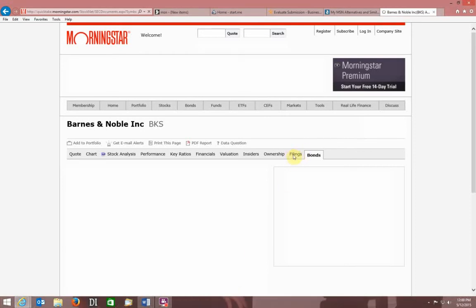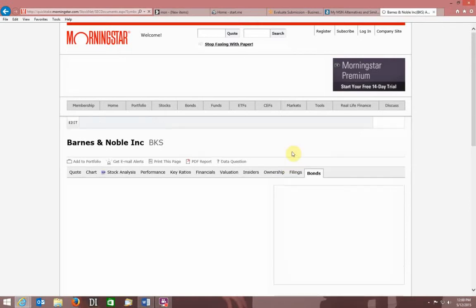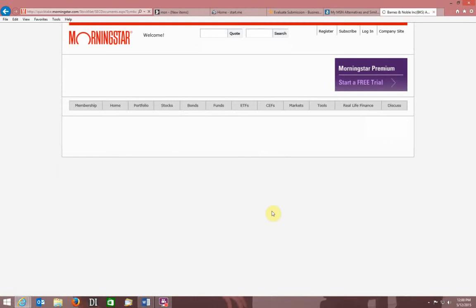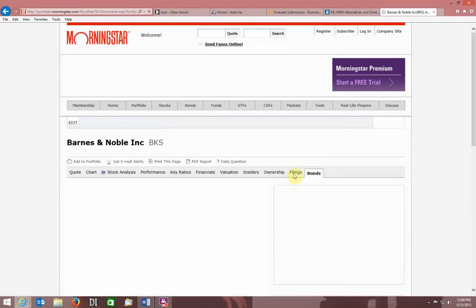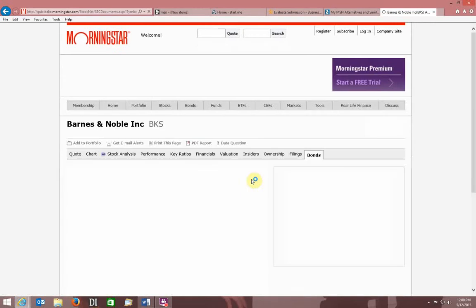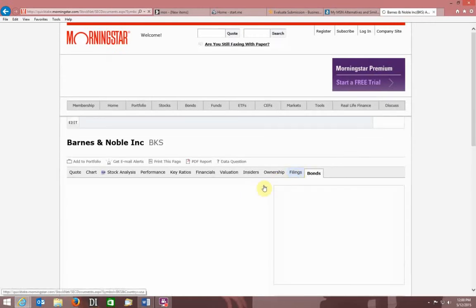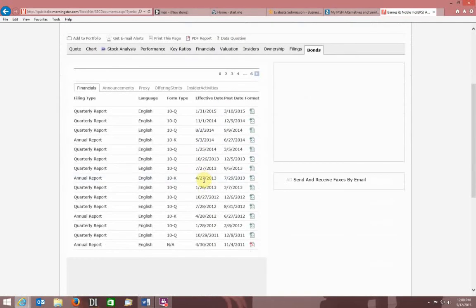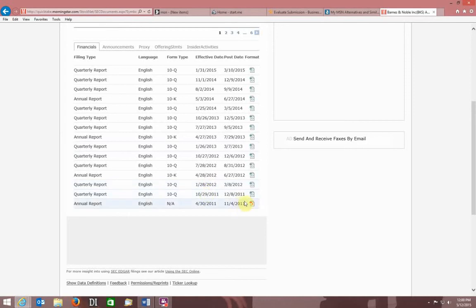This should show me where their annual reports are, right? It's generally one of the easier ways to find the annual reports, if it will actually take me there. Well, it is. Although that says bonds, these are the filings. Boy, that is just kind of weird. So I can come and take a look.